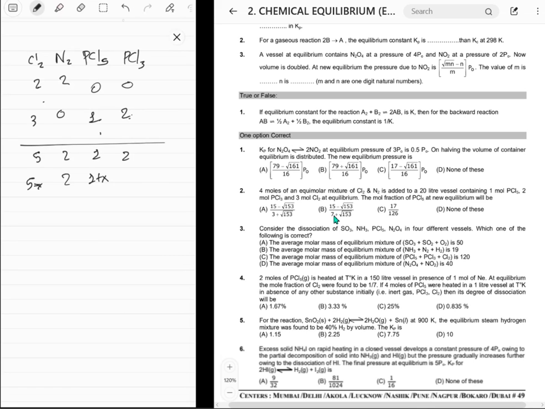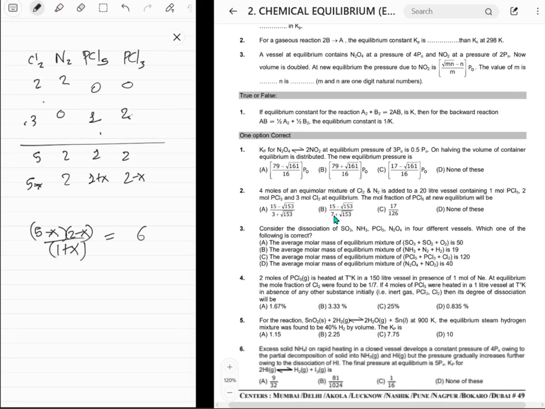Sorry, yeah, 1 plus x, and like 2 minus x. So 5 minus x into 2 minus x upon 1 plus x. That's the same thing as this. So 6, yeah, 3 times 2 upon 1.